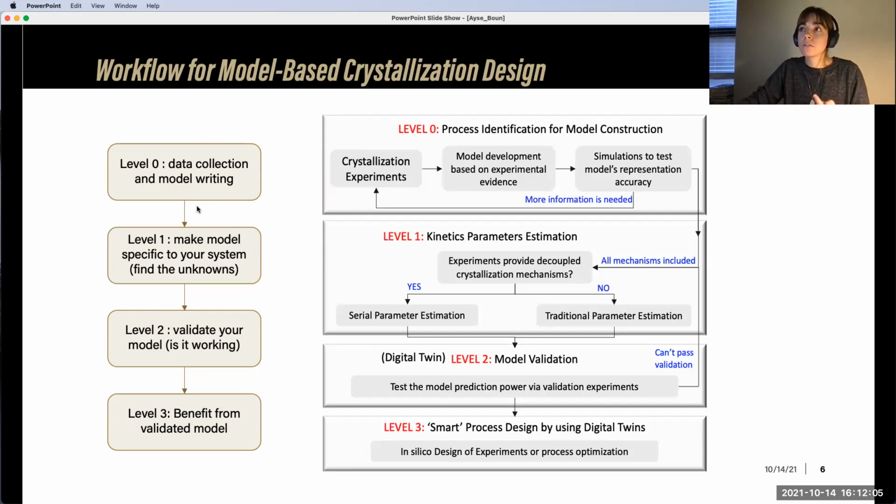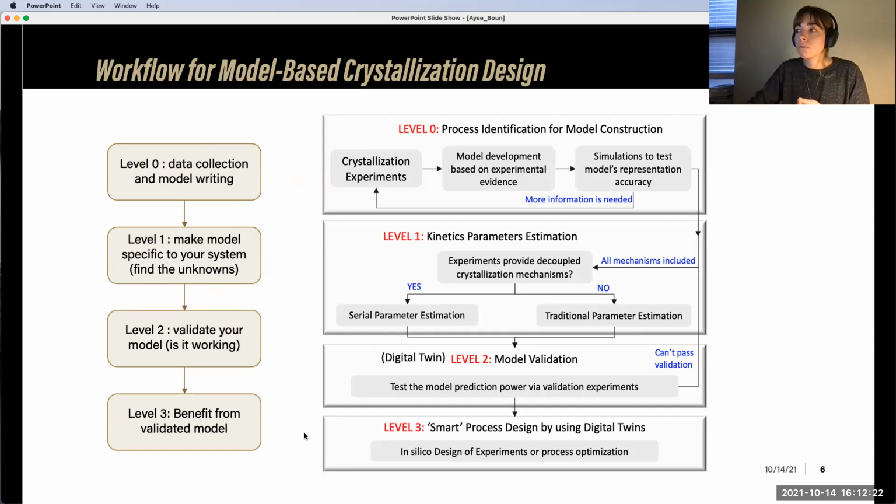And then based on what I'm observing, I create a model. I go to the literature, select a model which will describe my system the best, and then I find the unknowns of the model so that my model can mimic the actual system very well.